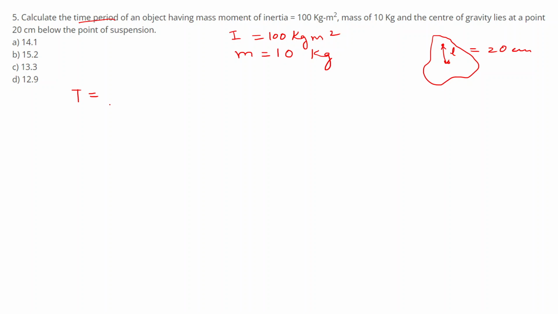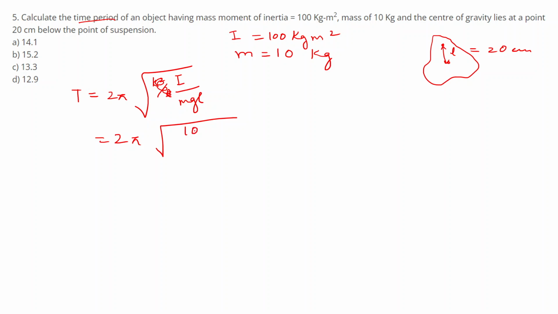The time period, if I write in terms of radius of gyration, then it will be k square by l. But I don't need to convert it into radius of gyration. Moment of inertia is directly given, so I'll just keep it in this form. Okay, I'll substitute these values.